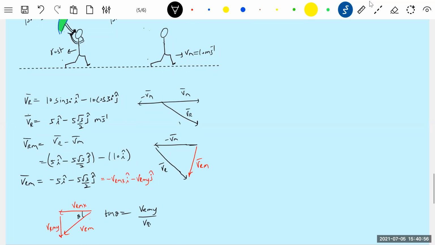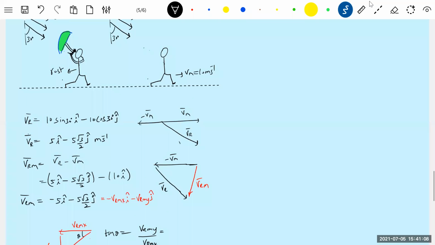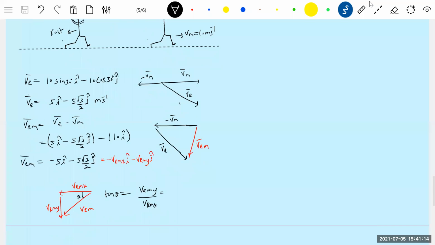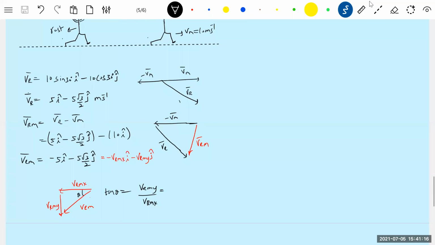Tan theta is V_RMy by V_RMx. Sir, V_RM is V_R bar, which is 10 cos 30 i cap minus 10 sin 30 j cap. What did I do? Correct, 10 sin 30 only. Sorry. V_RM: 5 root 3 by 2 by 5 root 3 by 2.